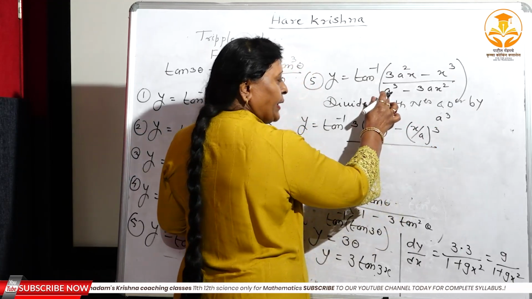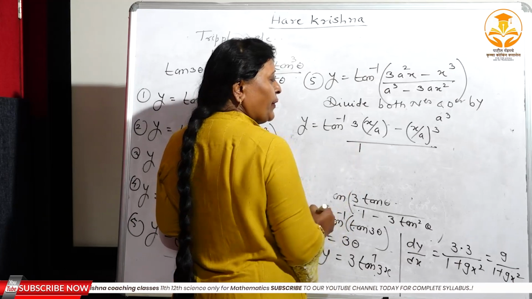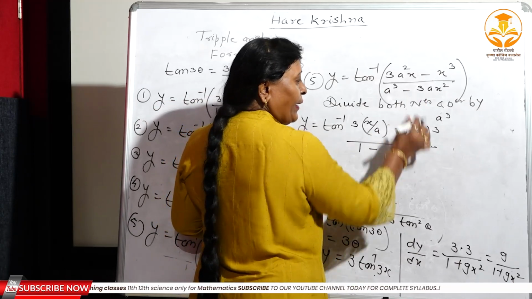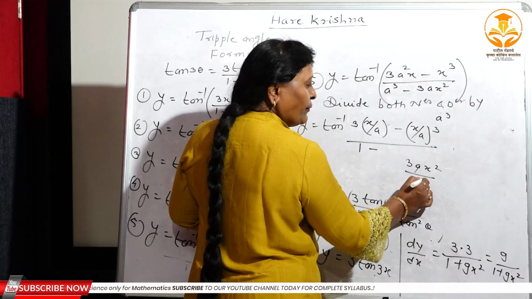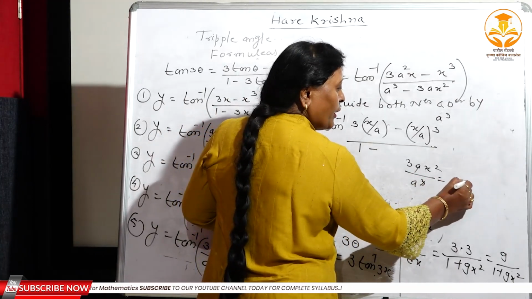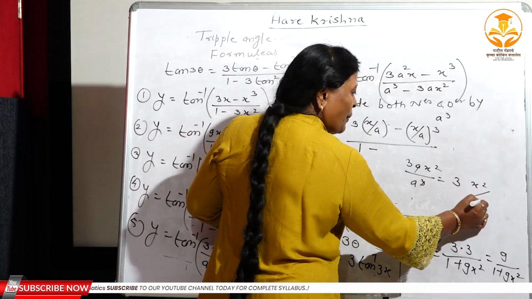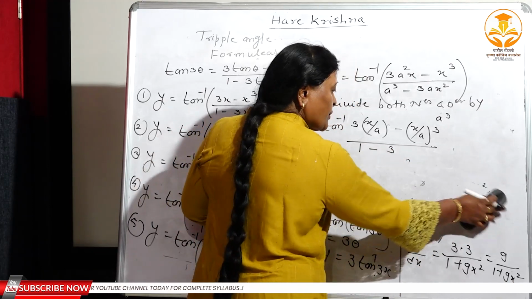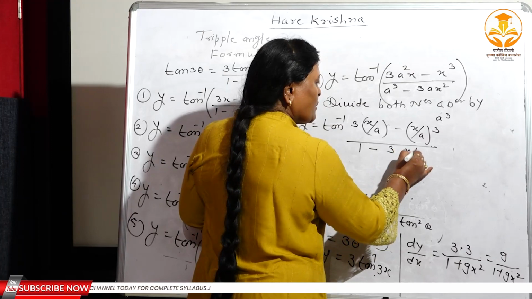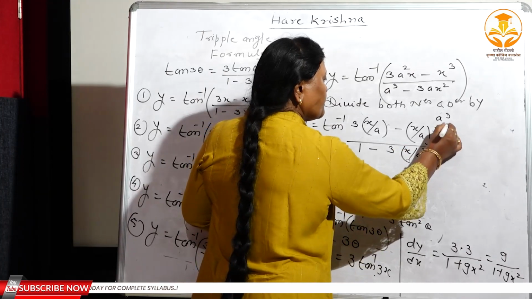When you divide a cube by a cube, you will get 1. And here, when you divide 3ax square by a cube, 1 a gets cancelled. Here you have got 3x square divided by a square, which you can write as 3 times x by a whole square. Right? Here you can write x by a whole square.